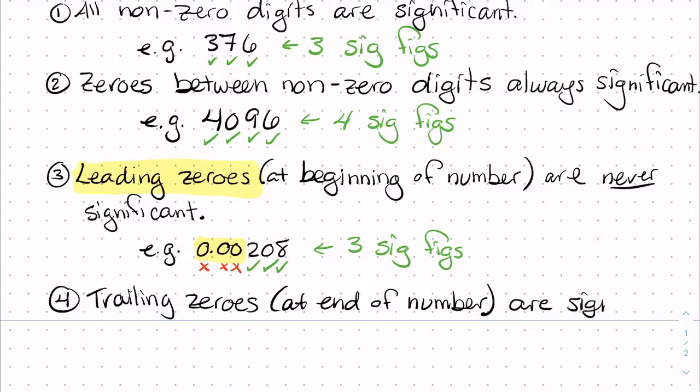They're significant only when there is a decimal point in the number.